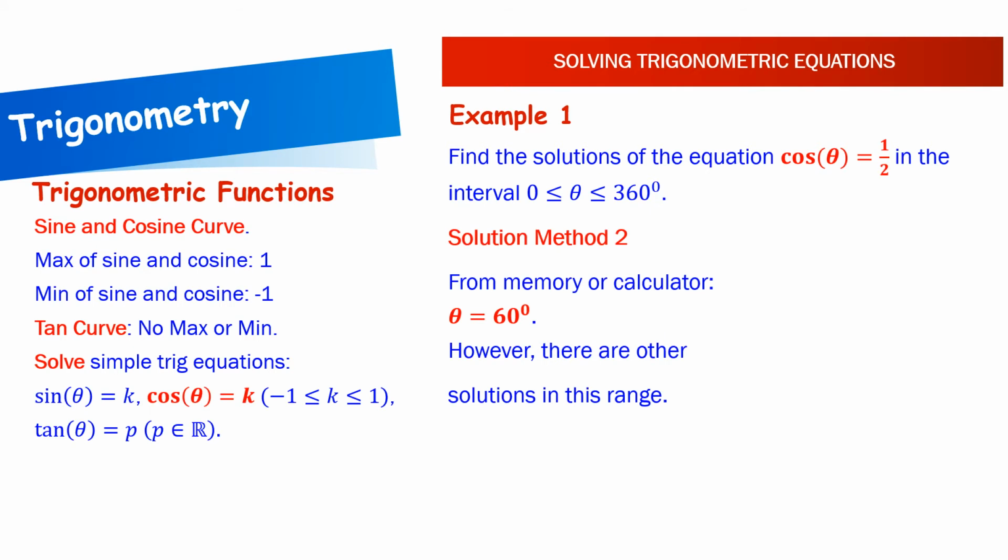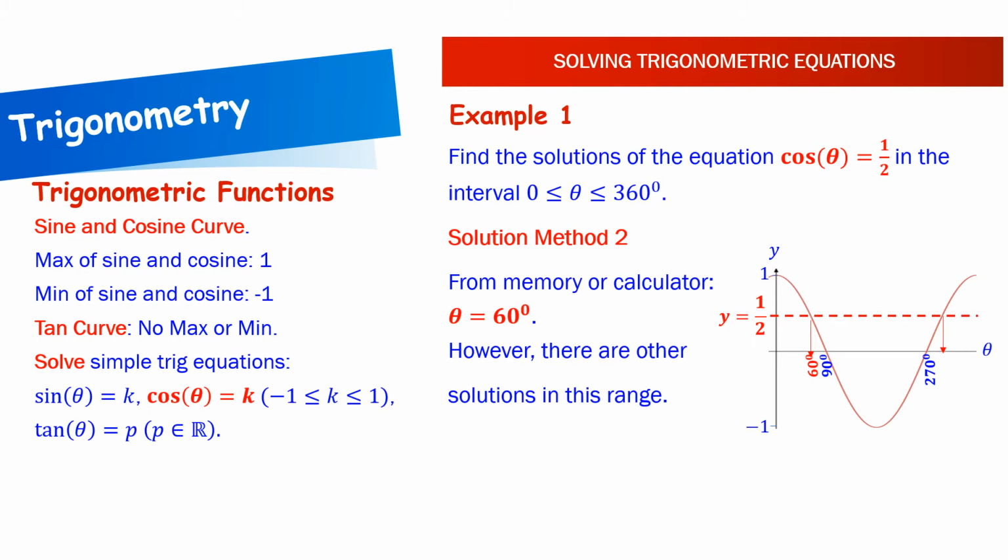Let's now take a look at the other method. Again, from your memory or from your calculator, you will find that theta is equal to 60 degrees. However, there are other solutions in this range. Here's a sketch of cos in the range 0 to 360 degrees. There are two solutions for y equals a half in this range, as you can see from the diagram.